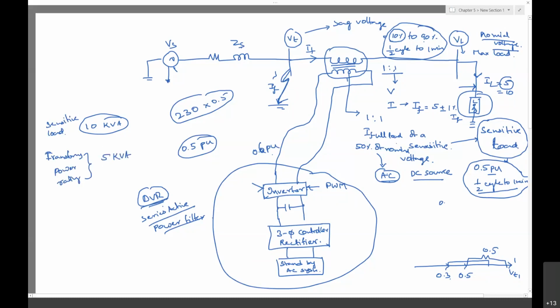The voltage has been reduced to half, and obviously the voltage injected by this transformer is only 50% of the voltage.